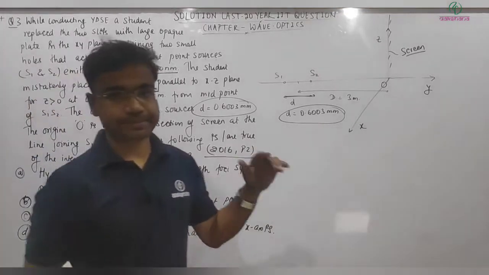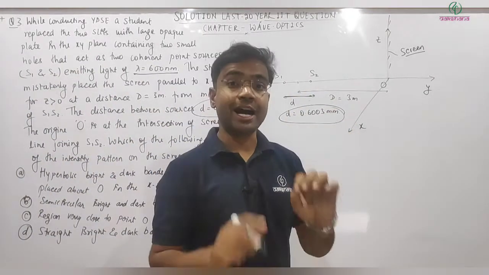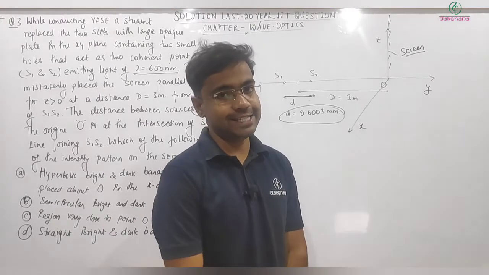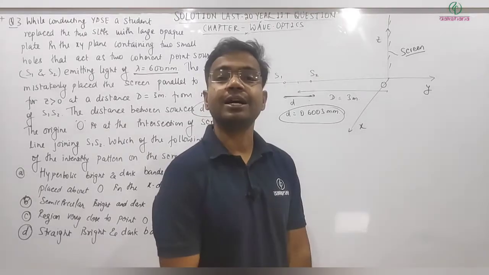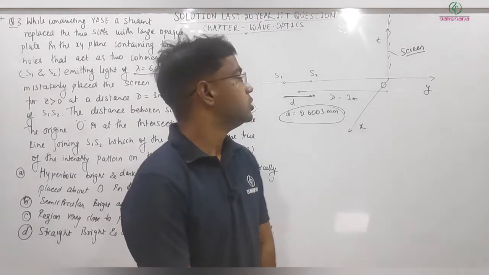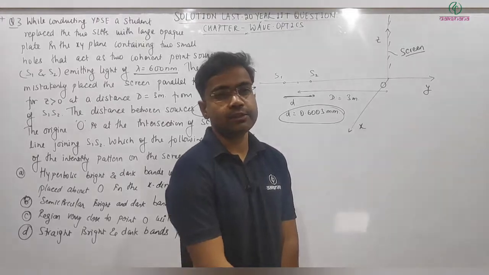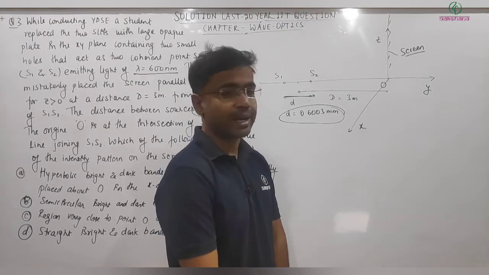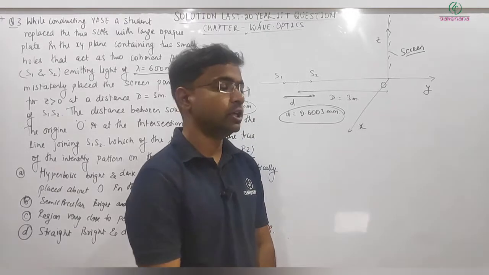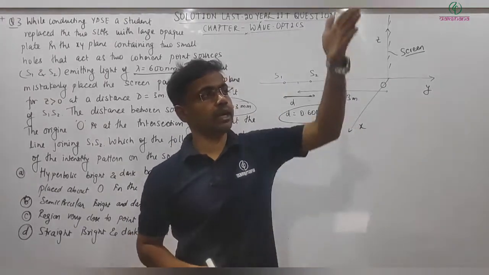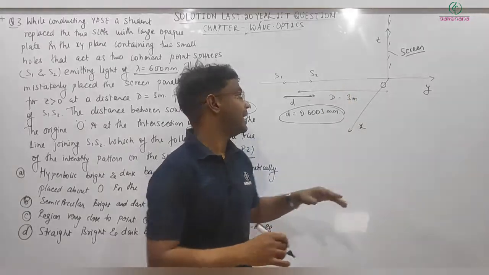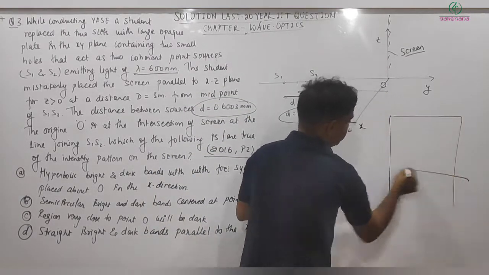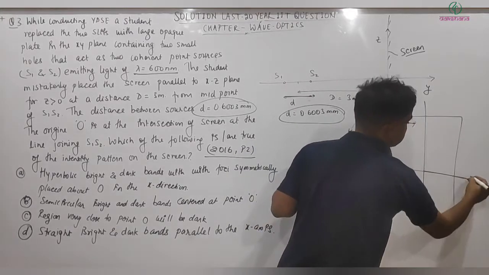This is another way of performing the YDSE setup, and normally in class we discuss this setup also. First you should understand how interference is happening here. So just try to imagine: this is the screen.